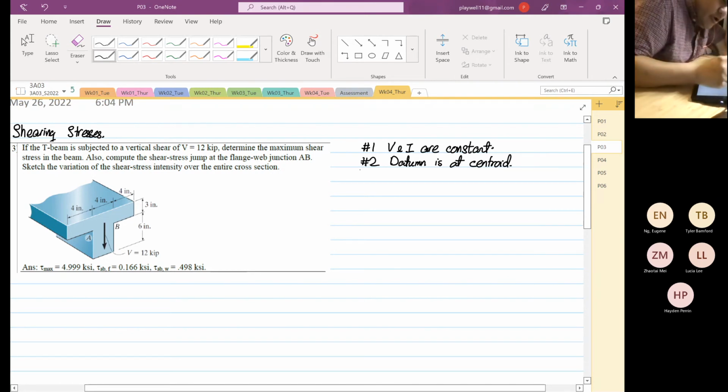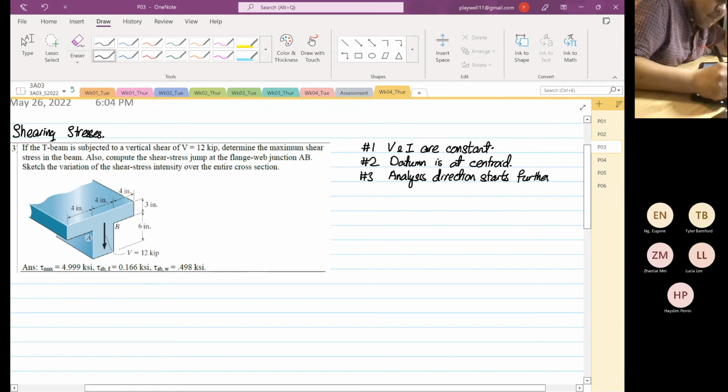And then number three, analysis direction starts furthest away from the centroid.